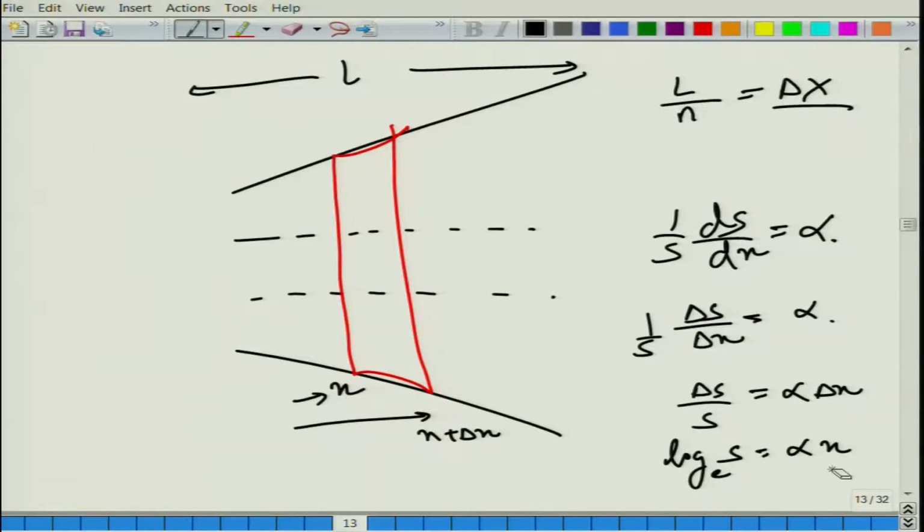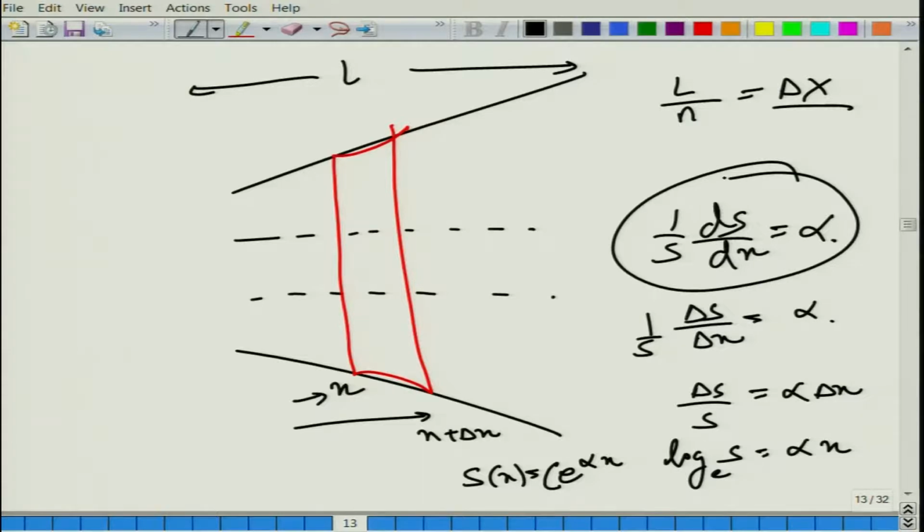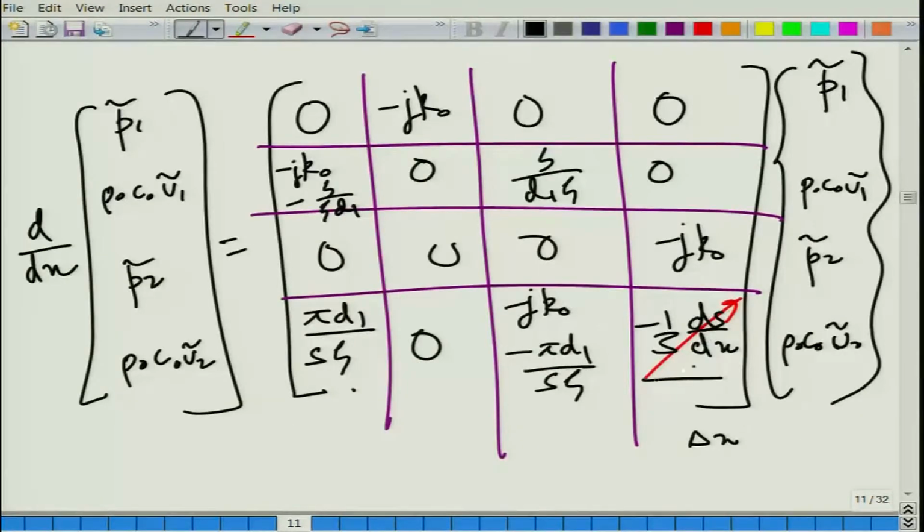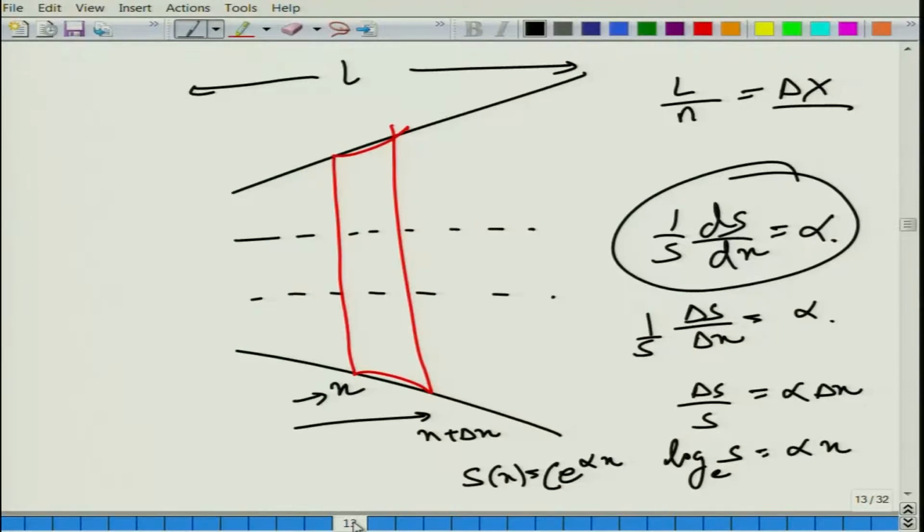So, you would get s over this small distance is e to the power alpha x, and there you go with a constant. You can add a constant here as well. So, basically what it means, the moment you assume that over a small distance this particular thing is constant, you would see that this is actually exponential in nature, okay.